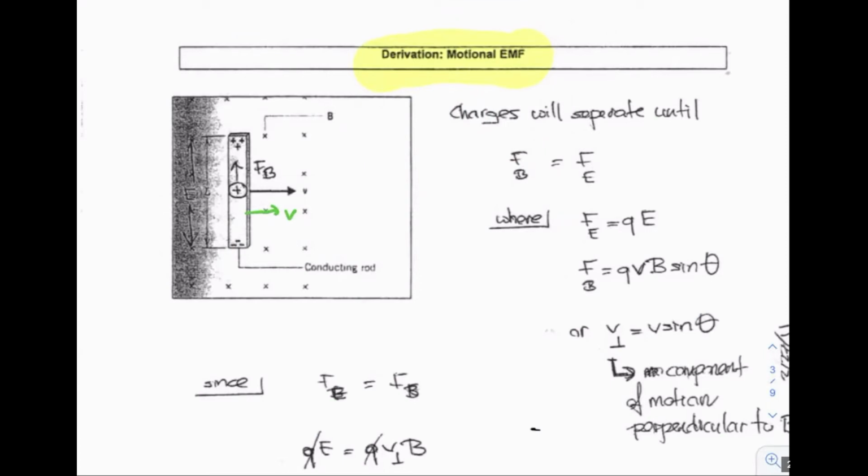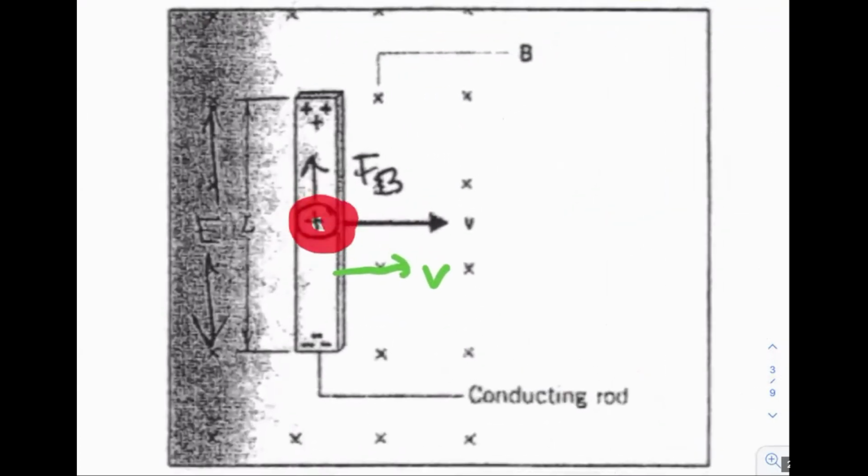Okay, so the first thing to do is just focus on a positive charge. So you got this positive charge within this region. Evidently B is here. All right, so what's going to happen to this positive charge? The magnetic field is pointing into the page, and the positive charge is moving in this direction.